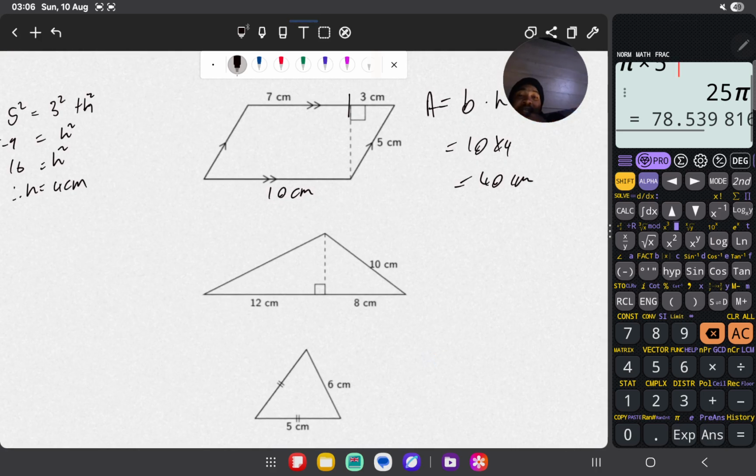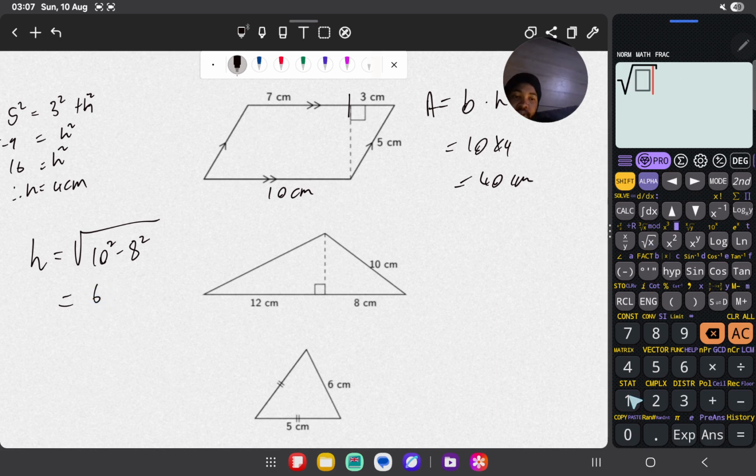Then we have our triangle again. So this one is also quite interesting in the sense we have to calculate the height. So I'm going to use a shortcut for the Pythagoras. You can do it the long way and you'll see that our answers will be the same. So my height is going to be square root of 10 squared minus 8 squared, which is 36. Square root of 36 is 6 centimeters.